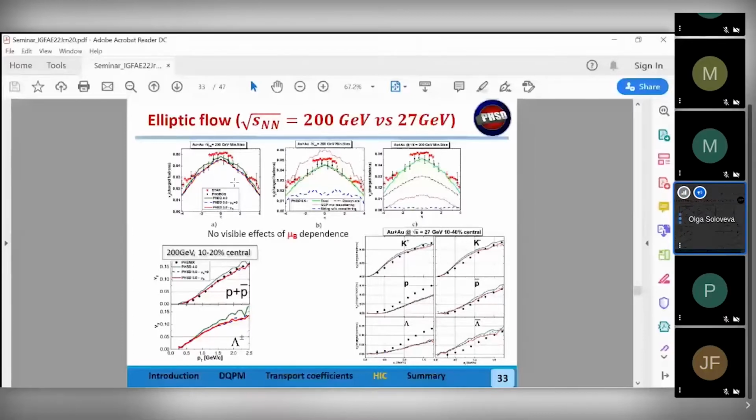And here you can see, for example, the flow coefficient for different particles that came from QGP, or decay, or string, without rescattering in our model. And the value corresponds to the contributions.